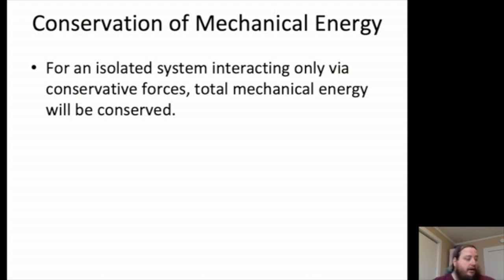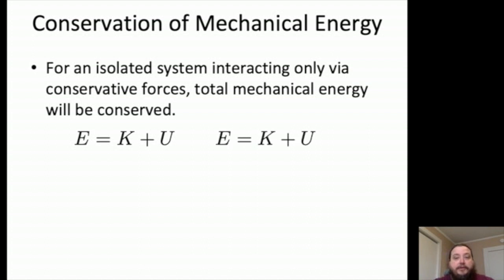And then we can say that if the only forces acting on a system are these conservative forces, then the total mechanical energy of that system will be conserved, by which we mean that the total mechanical energy is the sum of kinetic energy and potential energy, so that the initial total energy and the final total energy will be the same.